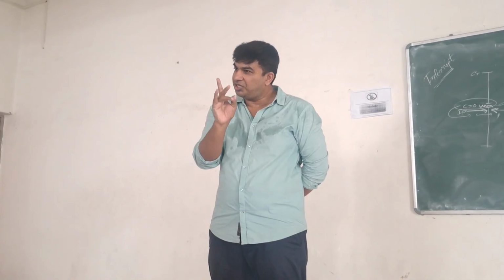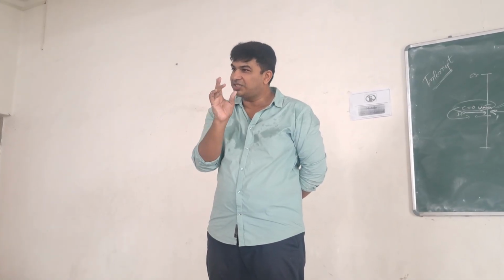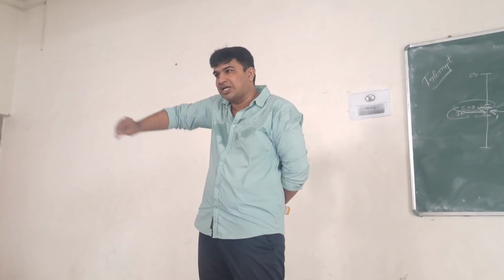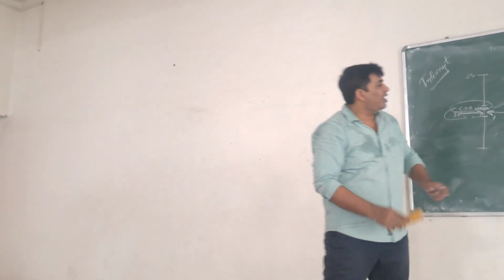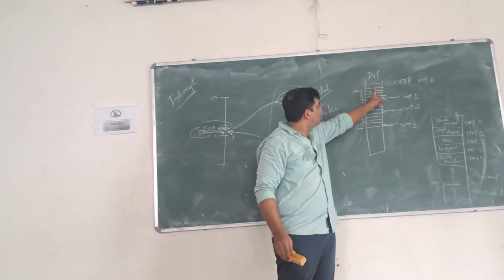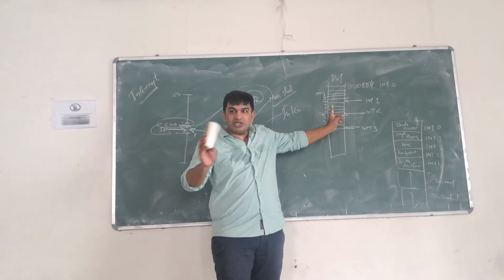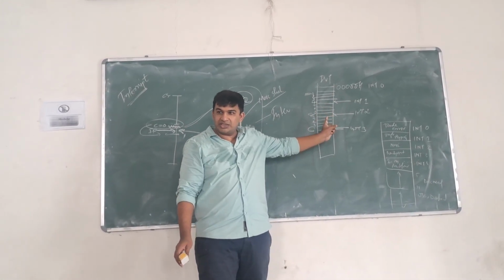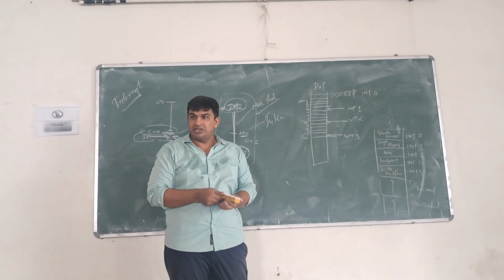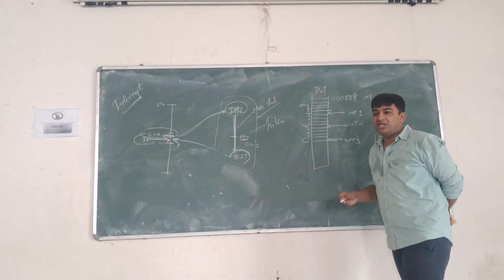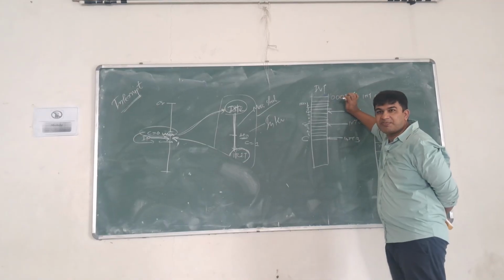CS is 16 bits, IP is 16 bits. Total 32 bits are needed to know the location of the ISR. That's why 4 locations are required for the address of each ISR. Here also this is normal memory where CS will be stored and where IP will be stored.